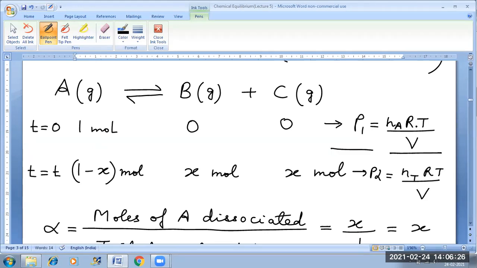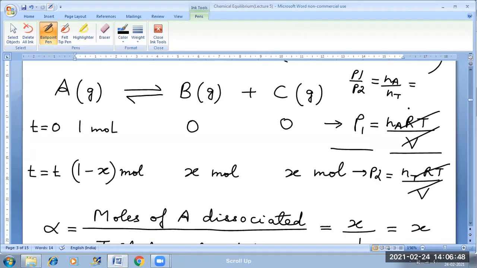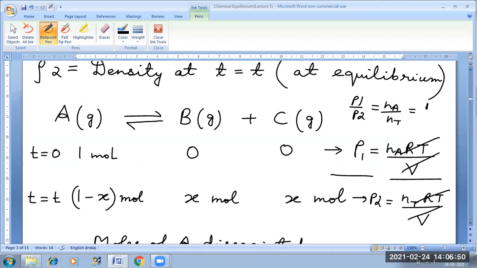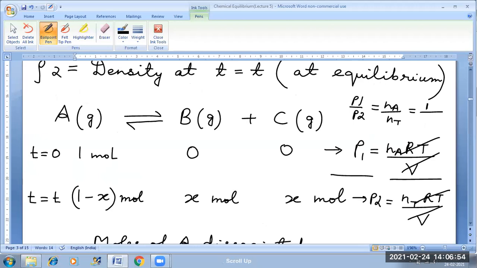P1 upon P2, so RT by V will get cancelled. So you will be left with Na upon Nt. So P1 upon P2 will be equal to this. What is Na, moles of A initially? How many moles of A were taken at T equal to 0? 1 mole. Nt is how many? 1 minus X plus X plus X. That is 1 plus X.